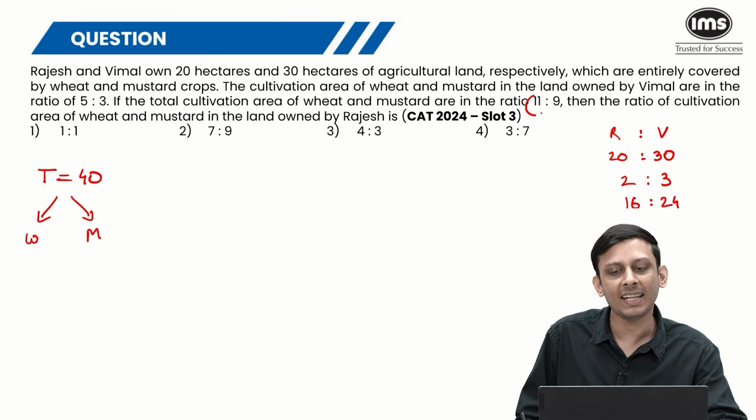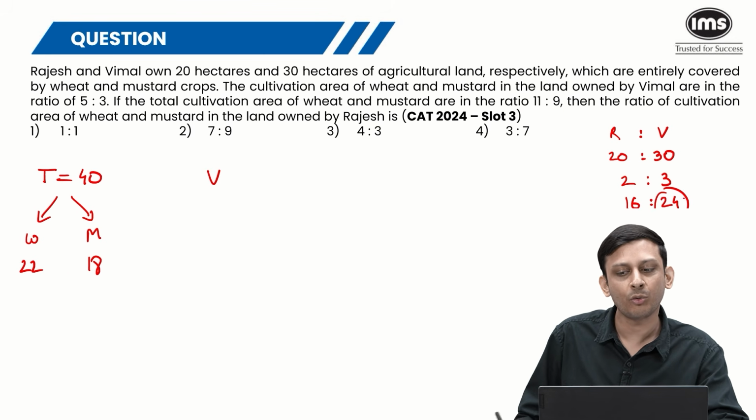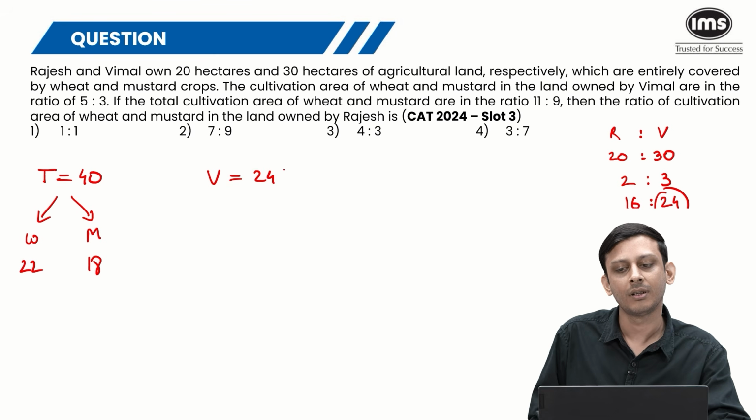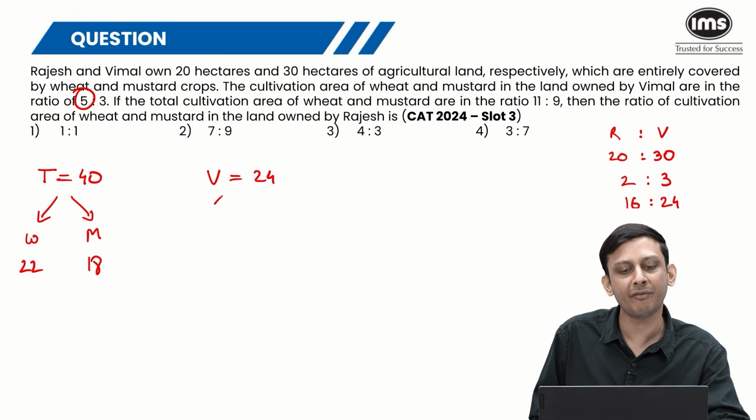So here we will get 11 into 2, 22, and we will get 9 into 2, 18. And then if you look at Vimal, of course, we've taken 24. So now we can see that total 8 parts are giving us 24. 8 into 3 is 24. So here wheat will be 5 into 3, 15. And mustard will be 3 into 3, 9.